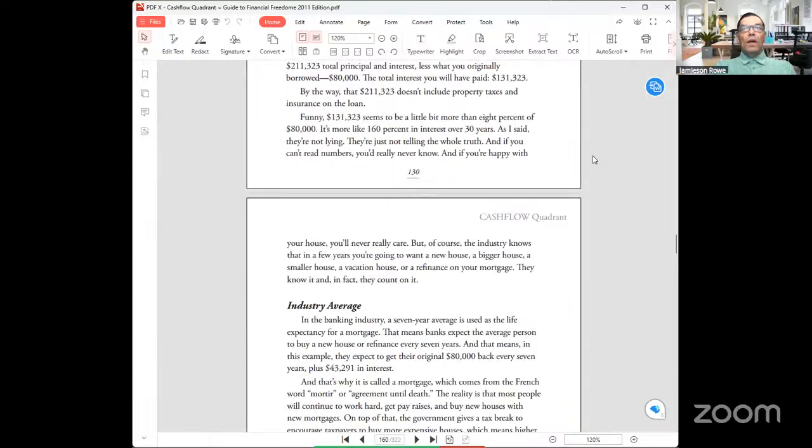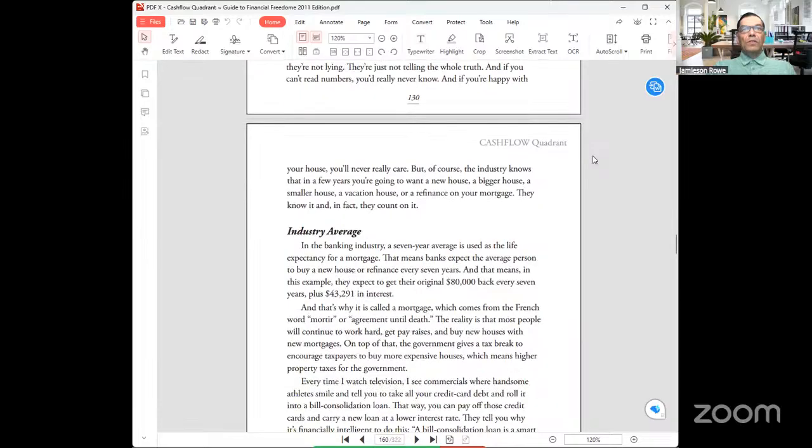And if you're happy with the house you'll never really care. But of course, the industry knows that in a few years, you're going to want a new house, a bigger house, a smaller house, a vacation house, or a refinance on your mortgage, which is the "let's do it again."